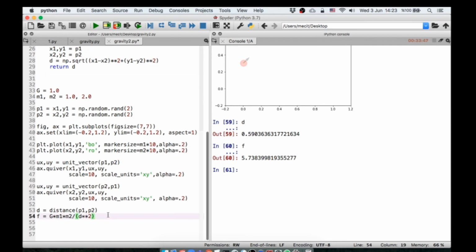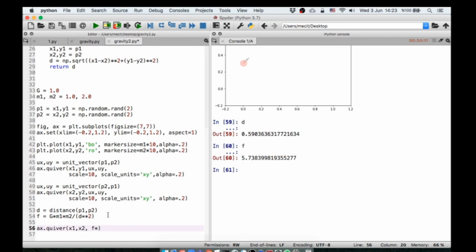I want to plot this force to see that I can plot it correctly on the graph. So I want to do it this way, quiver plot, at x1 and y1. I can plot this on the graphic plot, x1, x2.